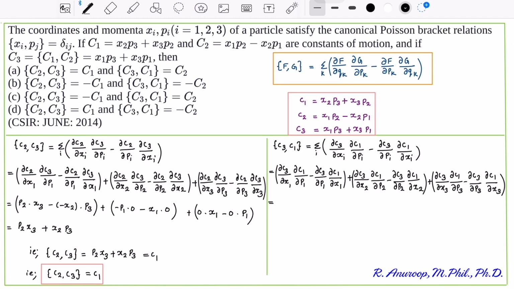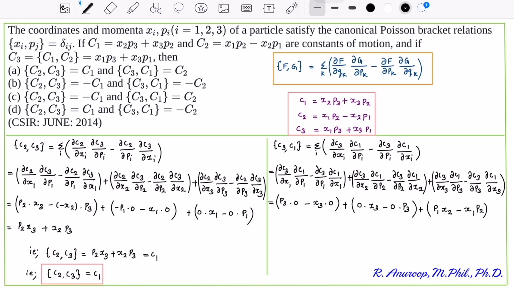Dou c3 by dou x1 is p3, dou c1 by dou p1 is 0, minus dou c3 by dou p1 is x3, dou c1 by dou x1 is 0, plus dou c3 by dou x2 is 0, into dou c1 by dou p2 is x3, minus dou c3 by dou p2 is 0, into dou c1 by dou x2 is p3, plus dou c3 by dou x3 is p1, dou c1 by dou p3 is x2, minus dou c3 by dou p3 is x1, dou c1 by dou x3 is p2.